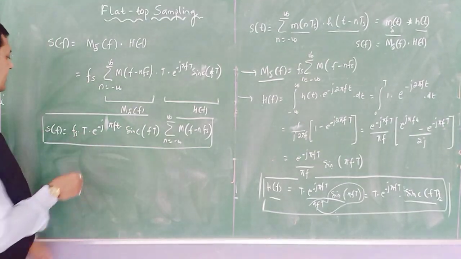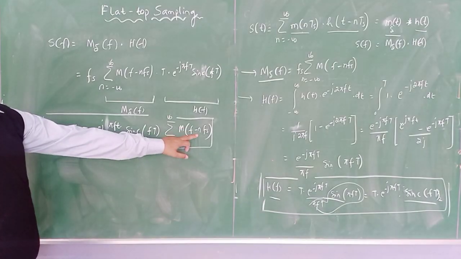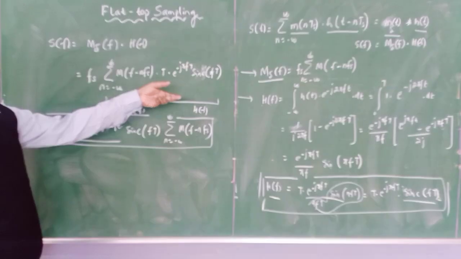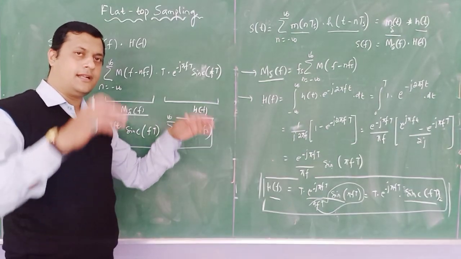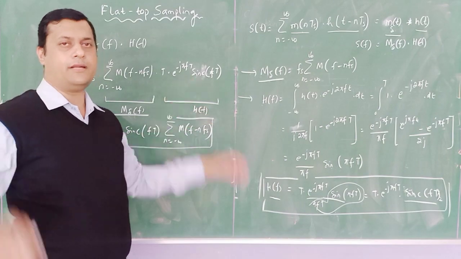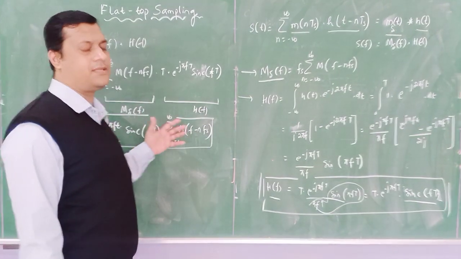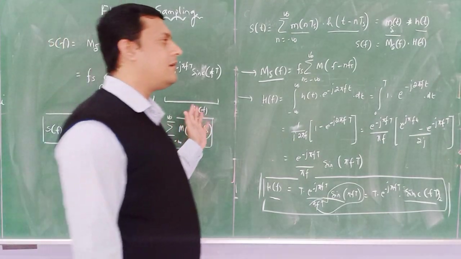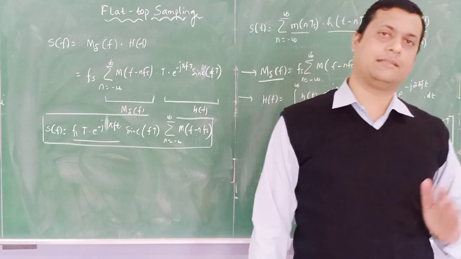When you substitute n equals 0, you get the maximum amplitude. When you substitute n equals plus 1 or minus 1, a lesser amount of energy is distributed on the relevant spectrum. So this is the basic representation of the mathematical analysis of the flat top sampled signal.